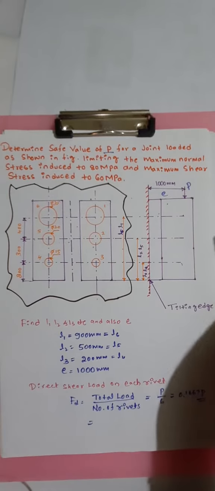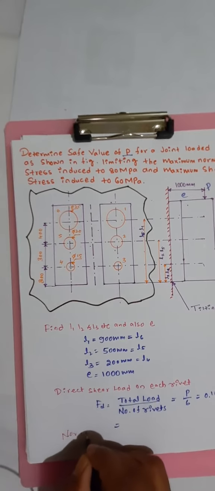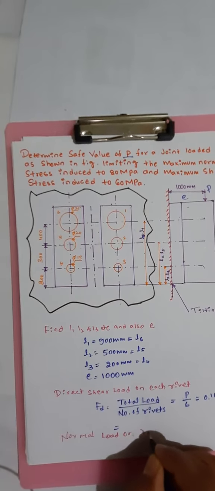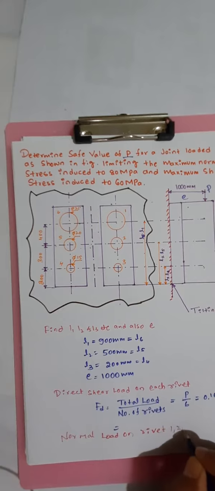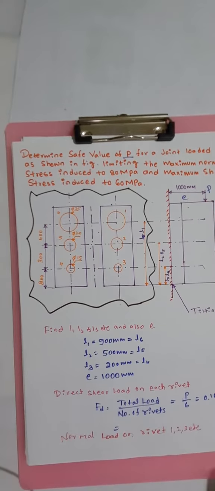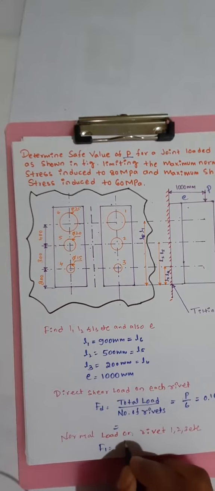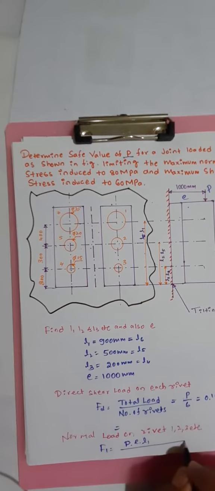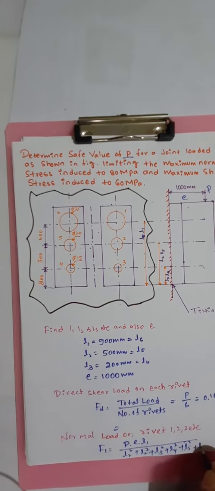Next, we need to determine the normal load on rivet number 1, 2, 3, etc. For that we know the equation, F1 is equal to P into E into L1 divided by L1 square plus L2 square plus L3 square plus L4 square plus L5 square plus L6 square.